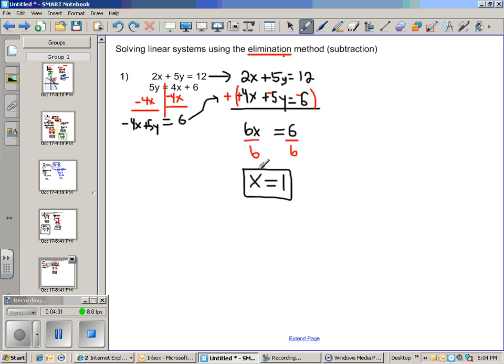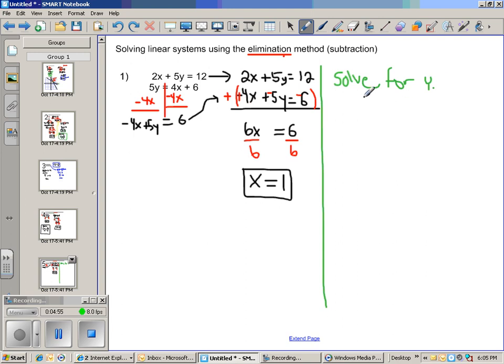And we have x equals 1. Now we get to choose any one of the original equations to plug in x and solve for y. Well, let's use this space over here, and we're going to solve for y.